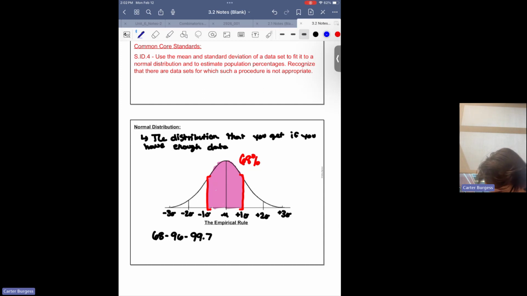Likewise, by the time I get to my second standard deviation, yes, sometimes you'll see this as 95, I'm calling it 96. We should have about 96% of our data trapped between these values.